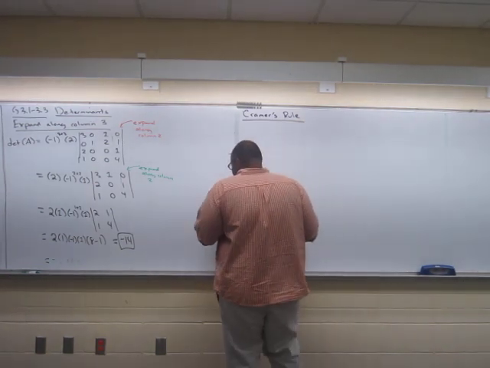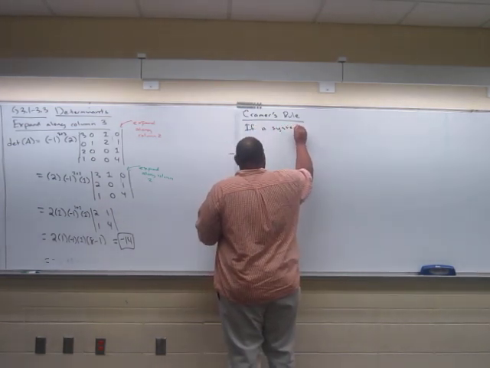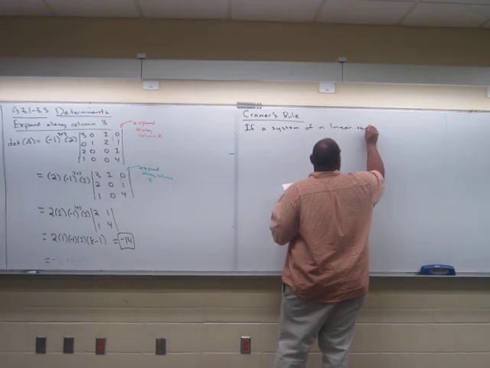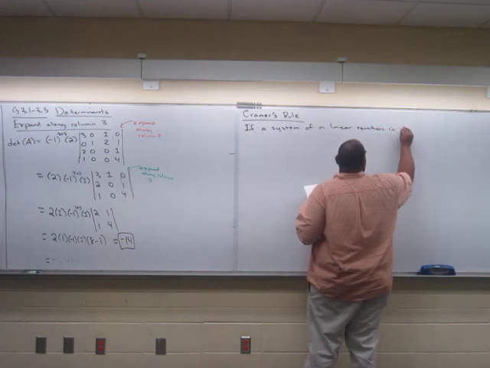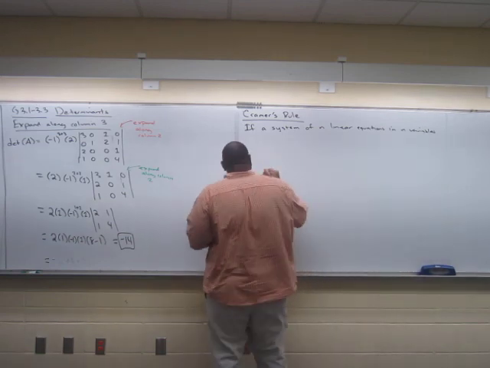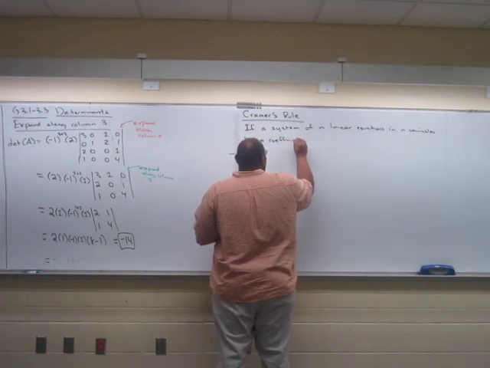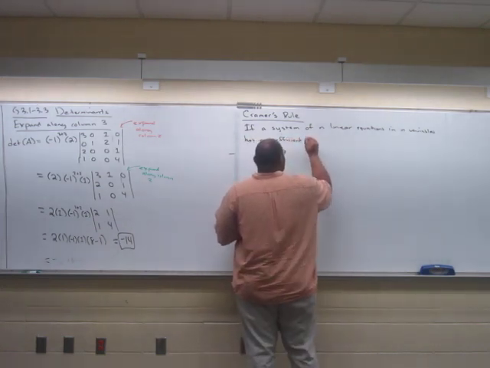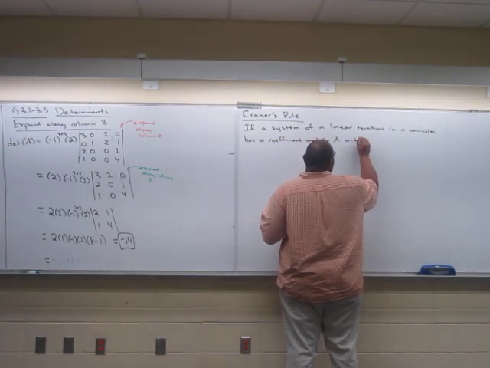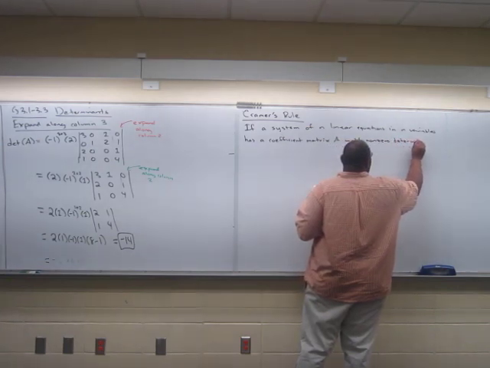And Cramer's rule says this: if a system of n linear equations and n variables has a coefficient matrix A with non-zero determinant, it means that it's non-singular.